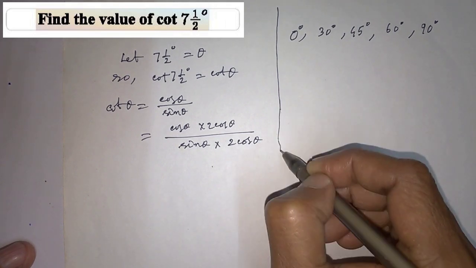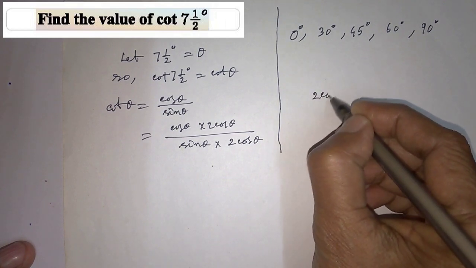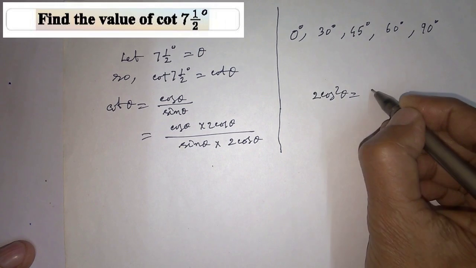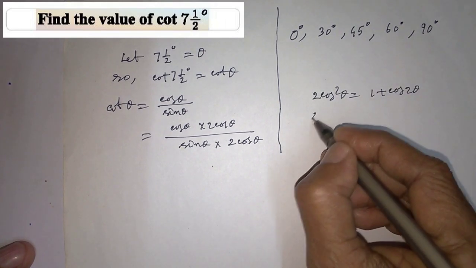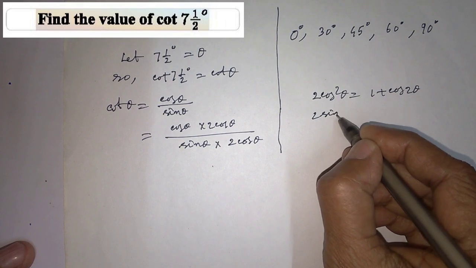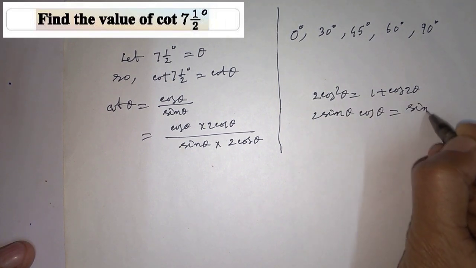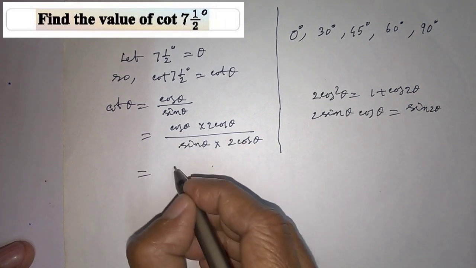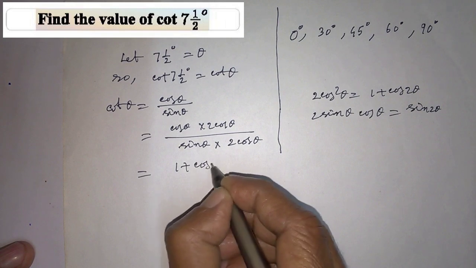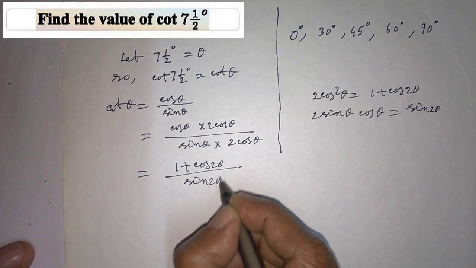I am writing the formulas here for better understanding. 2 cos square theta is 1 plus cos 2 theta. Here 2 sin theta cos theta is equal to sin 2 theta. So the numerator will be 1 plus cos 2 theta, and the denominator sin 2 theta.